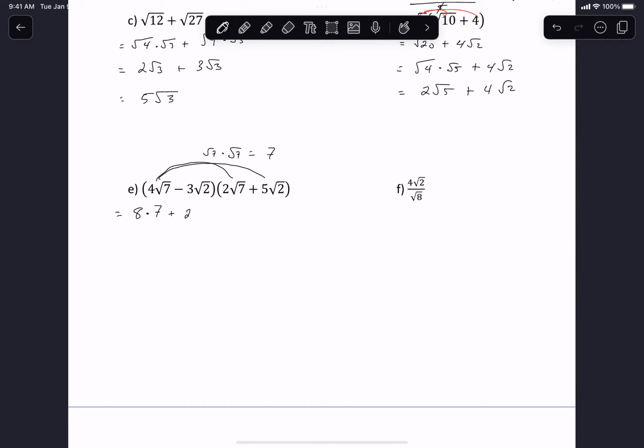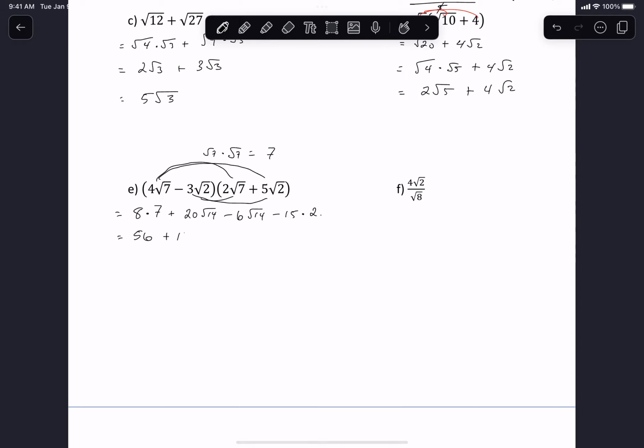Plus 20 root 14. Okay, now we're going to do the bottom, minus 6 root 14 minus 15 times 2. So we get 8 times 7, which is going to be 56, and then plus the 20 root 14 minus 6 root 14, we can collect like terms there.